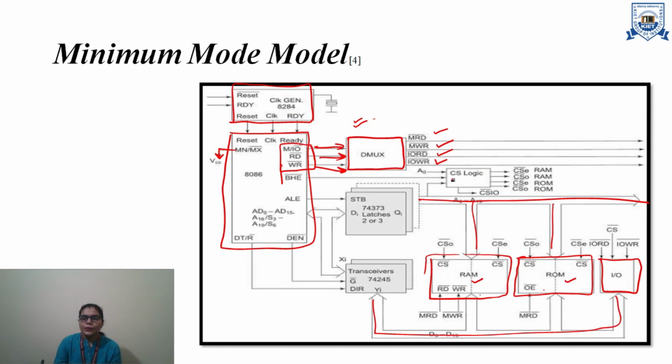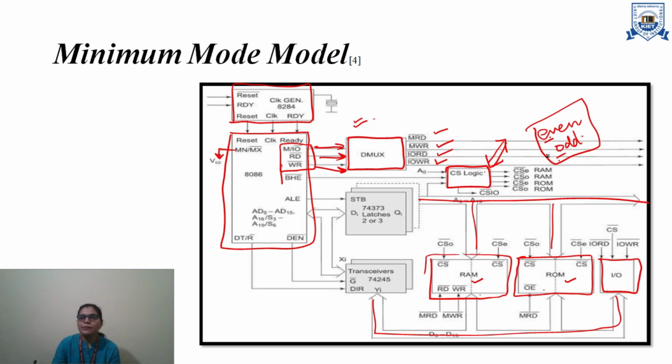We discussed in the memory organization lecture that memory is organized into two banks, even bank and odd bank. We should have some mechanism to select even and odd banks. So we must have chip selection logic which will select the even and odd bank.